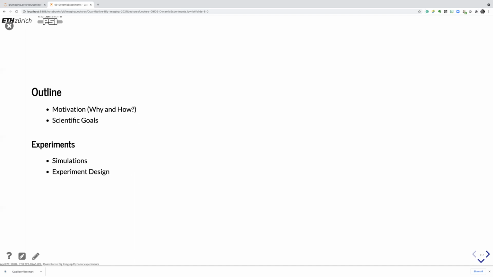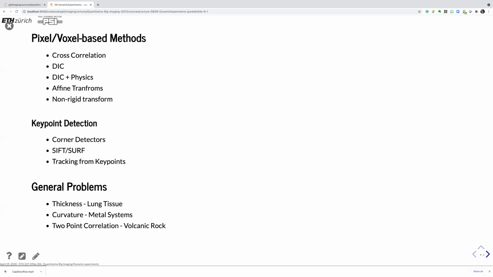Well, we have different kinds of experiments, and I'm going to show that a little bit now. We have different ways to look at how to track changes in the image. We have pixel and voxel based methods, which work with some kind of correlation. You can use cross correlation between the frames. You can use digital image correlation, which is also called DIC, or DIC plus physics, where you also include a physical model within this tracking.